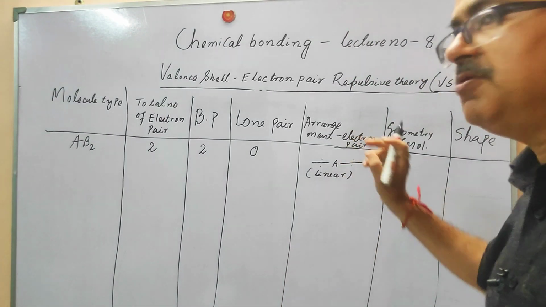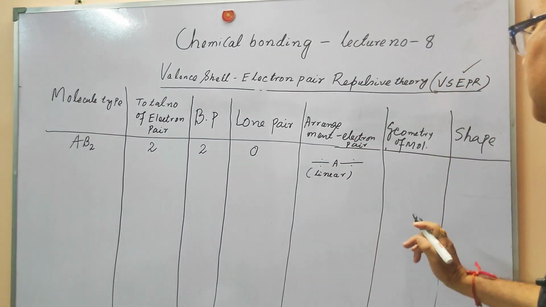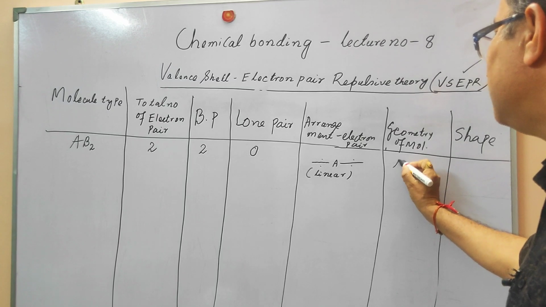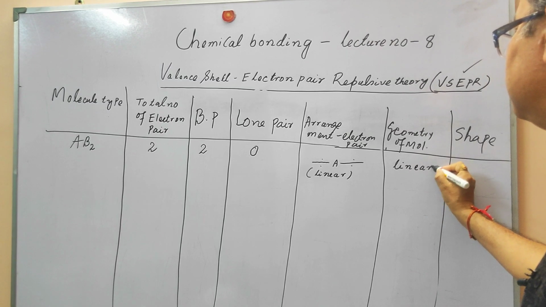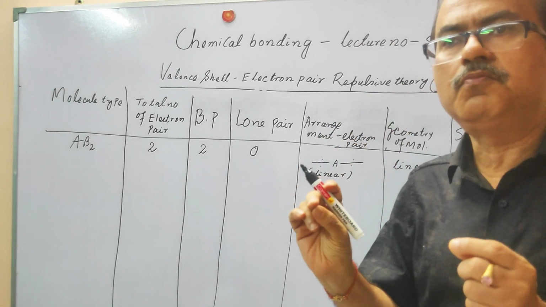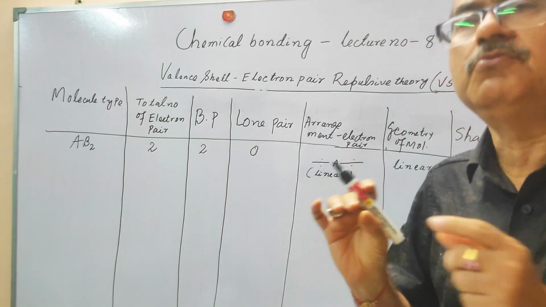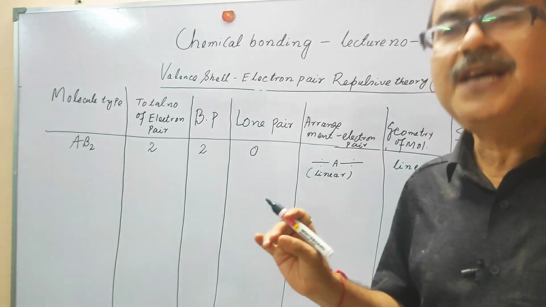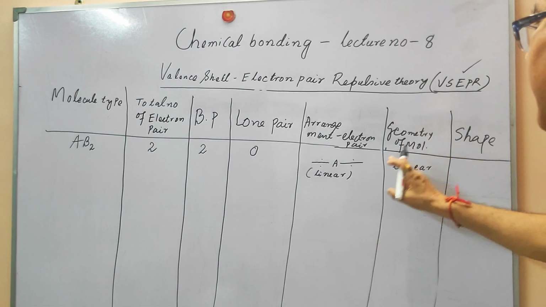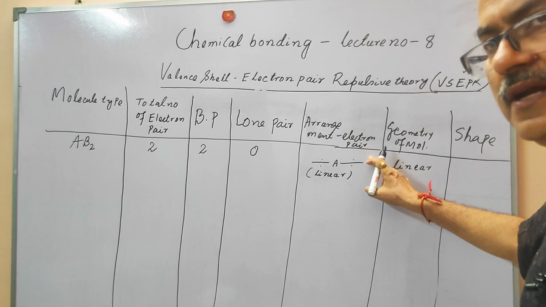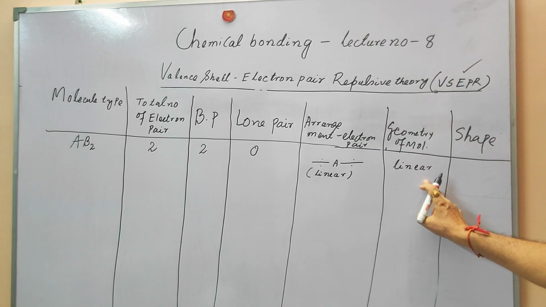Here it is a bond pair. Now what will be the geometry? The geometry will be linear also. So when there are two electron pairs utilized as bond pairs, the arrangement of electron pairs will be linear and the geometry will be linear.